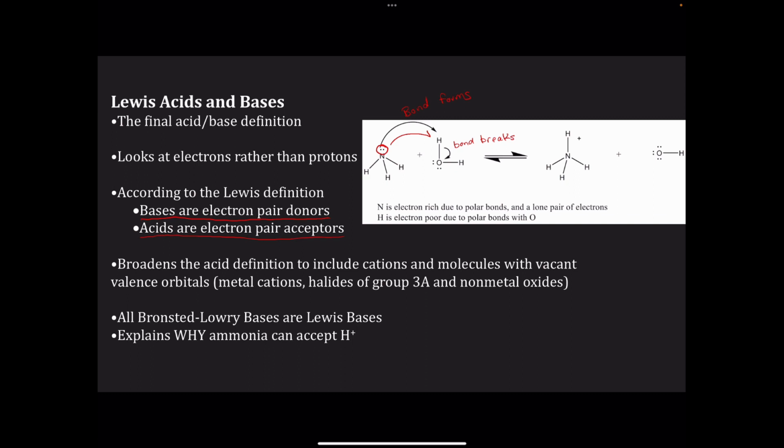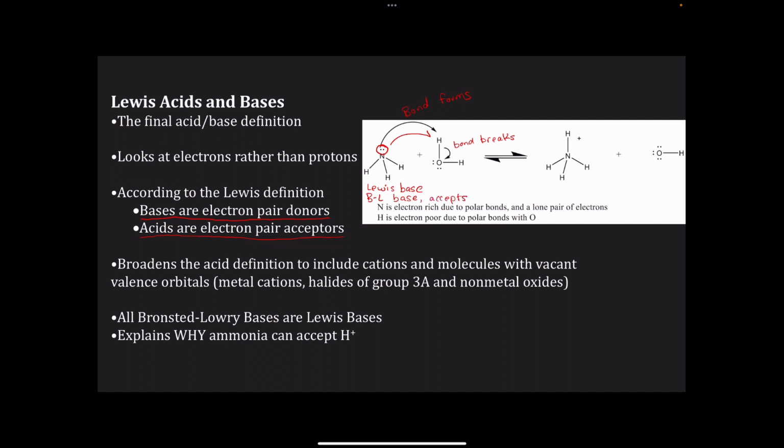As the water breaks its bond to the hydrogen, we're going to get our OH-. My nitrogen here is an electron pair donor. So it is a Lewis base. It's a Bronsted-Lowry base because it accepts a hydrogen.